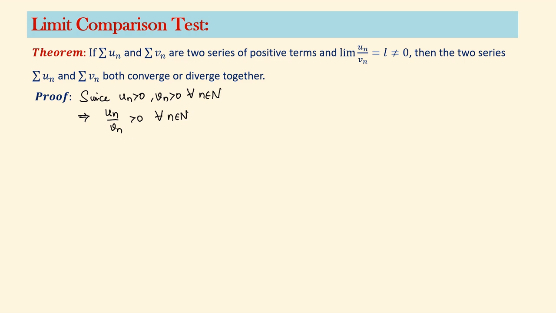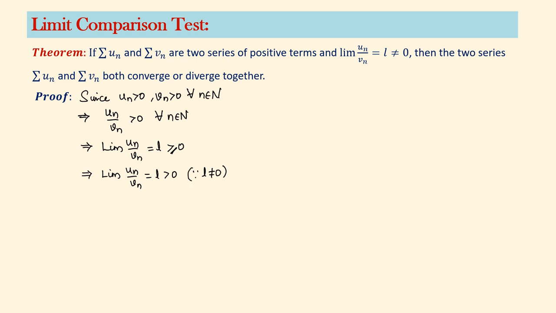Since the sequence are all positive terms, the limit of this sequence, which we are calling it as L, is greater than or equal to 0, because the sequence of positive terms, for example 1 by n, may converge to 0. So there is a possibility of getting zeros. That's why we should write greater than or equal to 0. But in the statement itself, it is given that the limit should not equal to 0. So we'll consider only greater than 0. So limit of un by vn is equal to L is greater than 0, since L is not equal to 0.